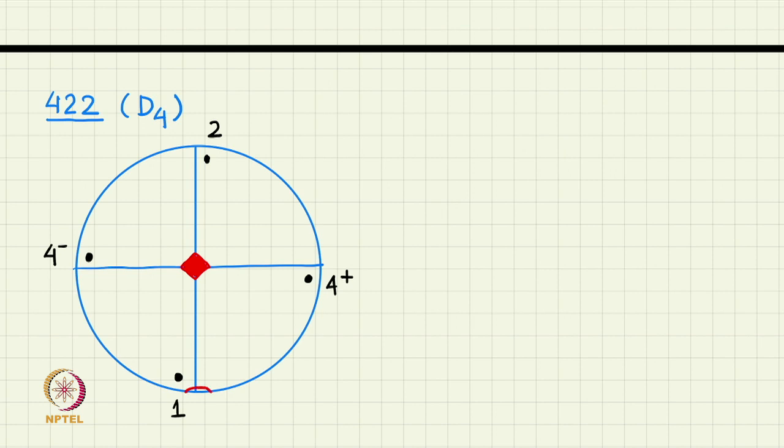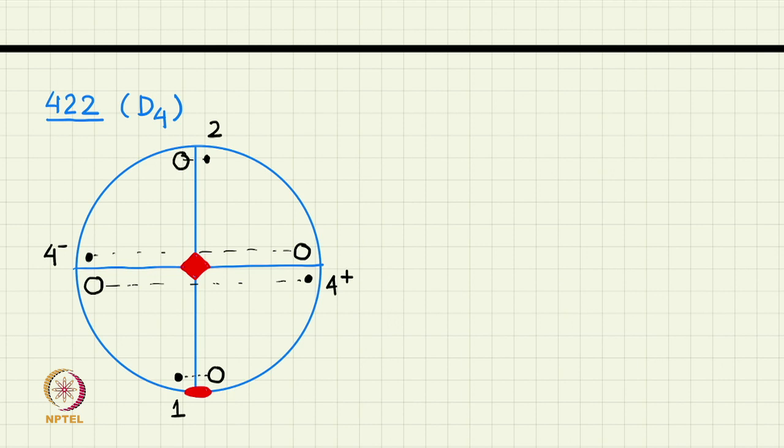And then additionally we put a twofold which is horizontal. As soon as I put that additional twofold, I start generating new positions. So, this point is rotated below the plane there. This point will also be rotated below the plane there. This point will rotate below the plane there.